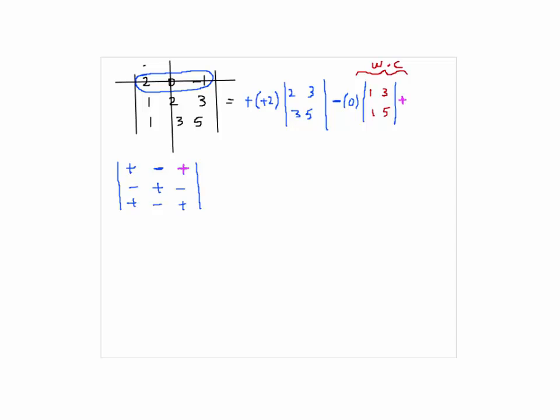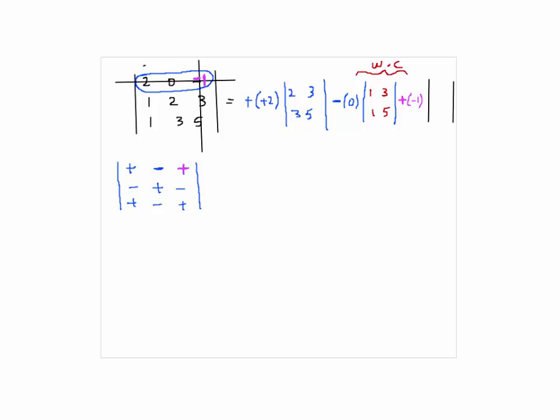The value of that here is -1, which is right here. So we just put -1 here, times the minor matrix that we need here. Again, we're going to move these lines to the next element.